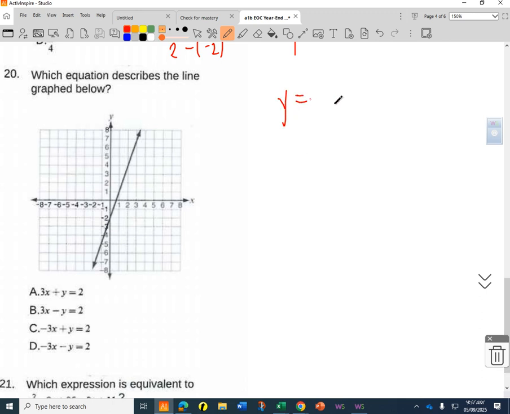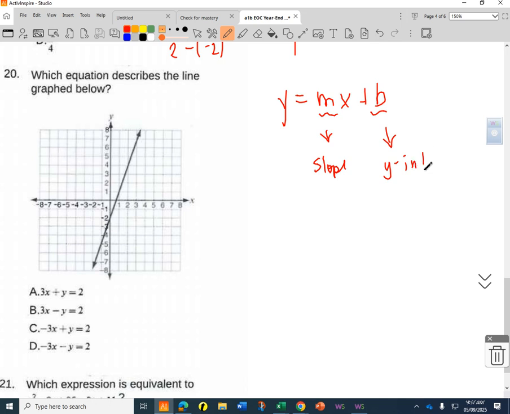Because the parts of slope-intercept form, slope and the y-intercept, you can see at a glance or just by looking or counting on the graph. Okay? So this is the slope. That's the slope, and that's the y-intercept.